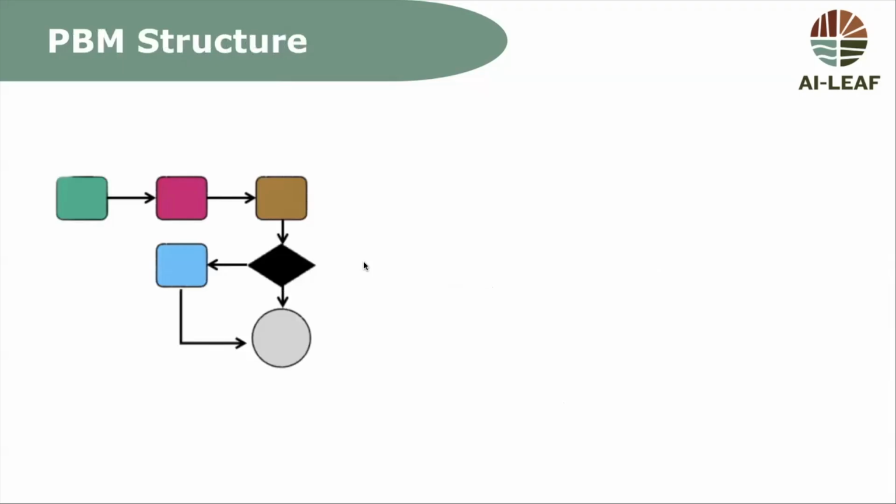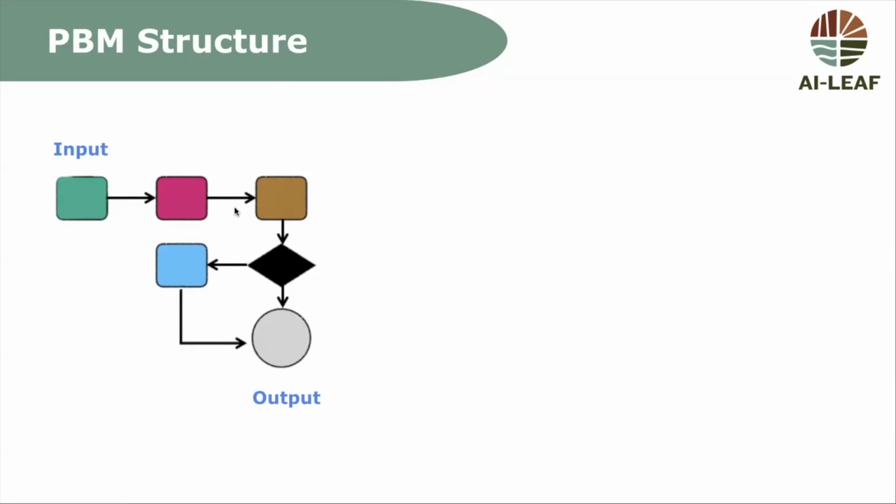Now let's think about the structure of a process-based model. These are the previous simple workflows. We already know the input and the output. It's easier to understand, right?